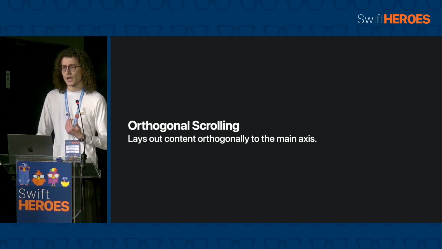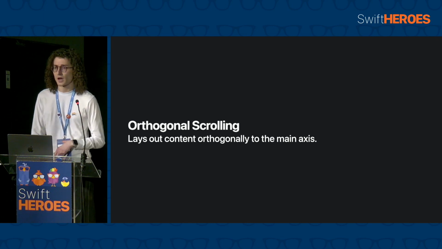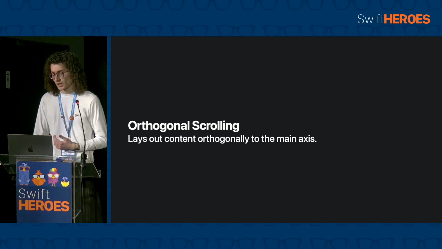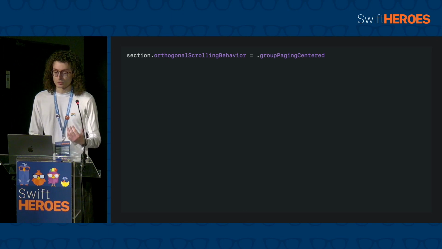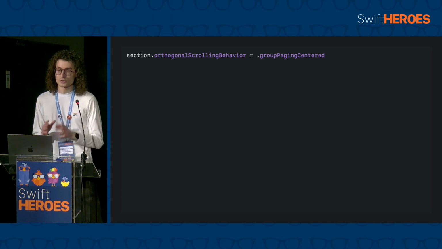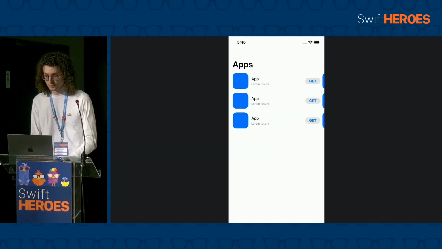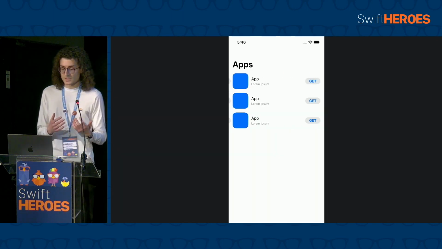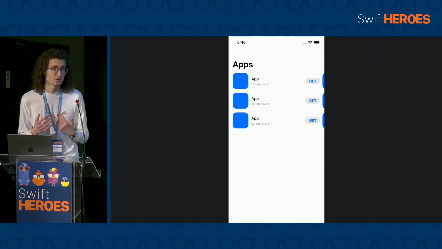And as the name implies, with orthogonal scrolling, we can specify different scrolling behavior. And for this example, we're going to use the group paging centered behavior, which will page and center the groups inside our sections. So as you can see, every time we swipe, the groups center in the section.